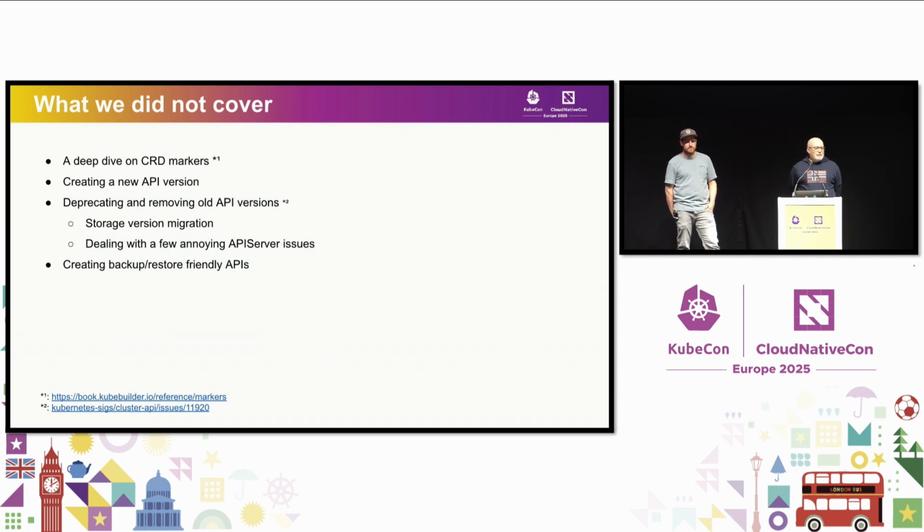Maybe this will be the topic for the next talk. We also did not talk about some other tricks about API development, like how to make your API work well with backup and restore tools like Velero, for instance.